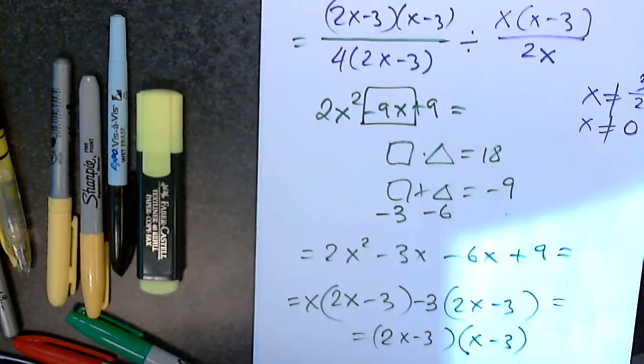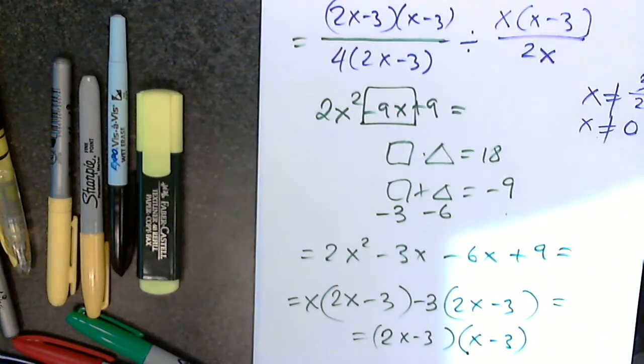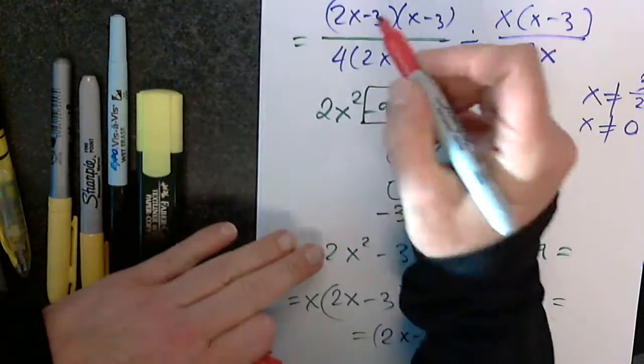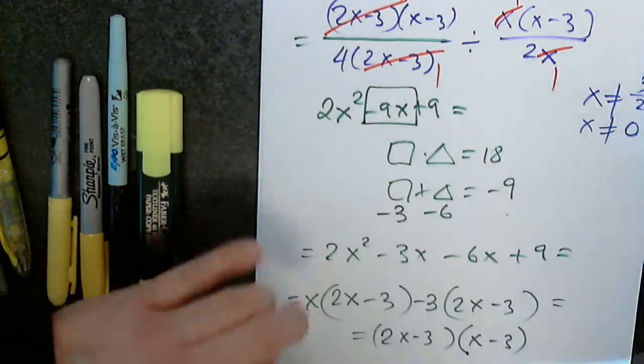Good? Good. We all agree with that? Now, I am allowed to simplify in a division, not across, but I'm allowed to simplify the fraction by itself. Always. That I'm always allowed to. So then, I want to get rid of this and get rid of this. And I want to get rid of this and get rid of this.